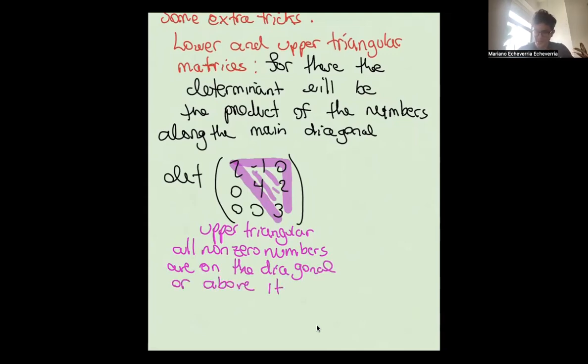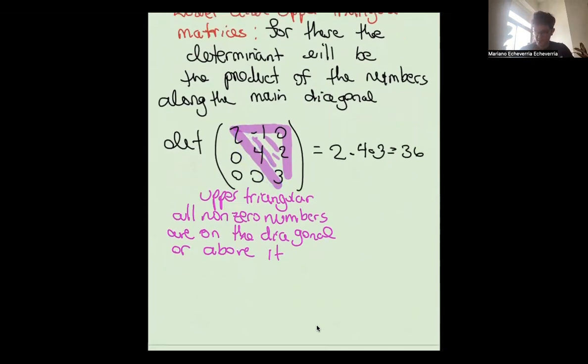And what I'm saying is that this is also very easy to check because for these upper triangular matrices, there are just tons of zeros. But it's nice to know as a formula that you can just multiply the numbers along the diagonal. So it's 2 times 4 times 3, which is 12 times 3, which is 36.